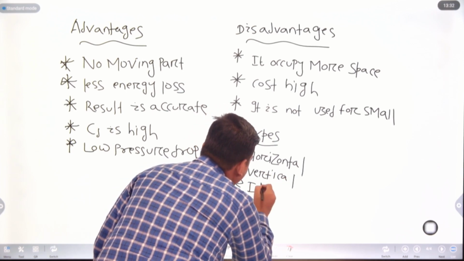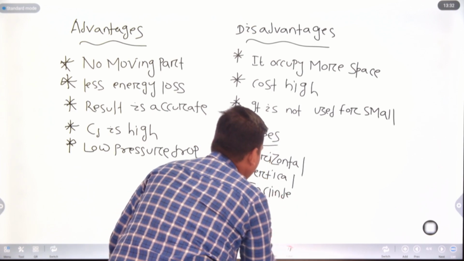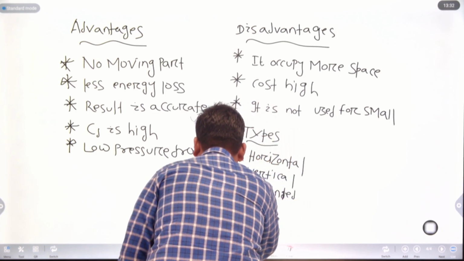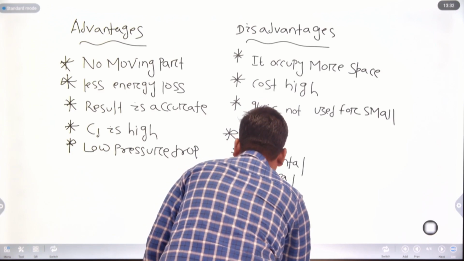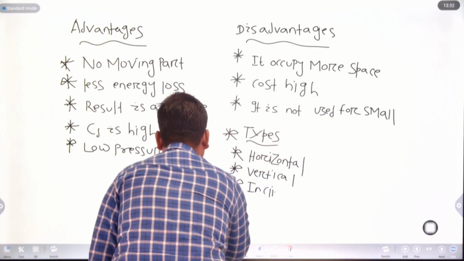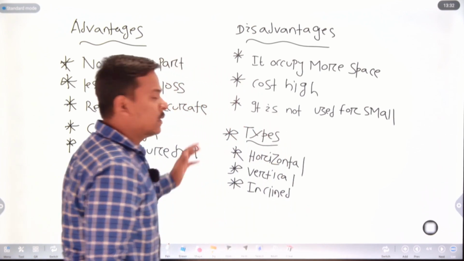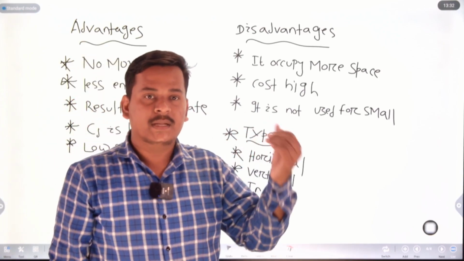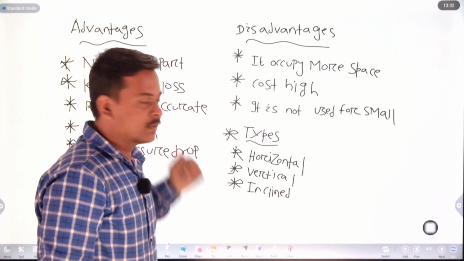I already told you, but I mention it again in this slide. So this is all about the venturimeter, its expression, its application, its advantages, its disadvantages, and its types.